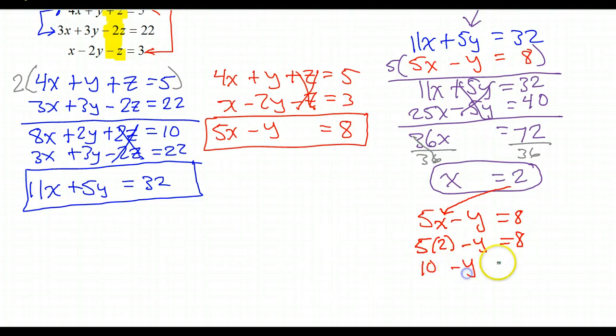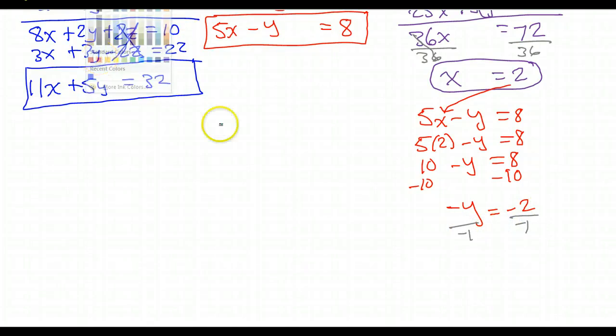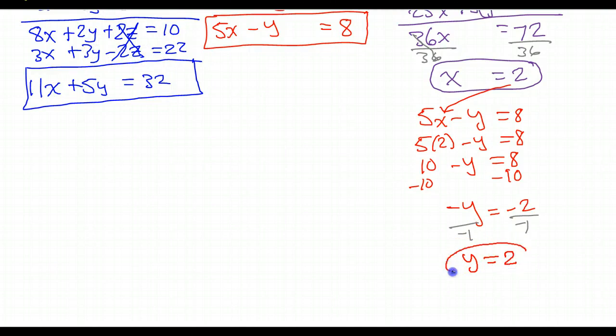So that's 10 minus y equals 8. You can subtract, so that's going to give you negative y is equal to negative 2. Dividing by negative 1, we're going to have y is equal to positive 2.